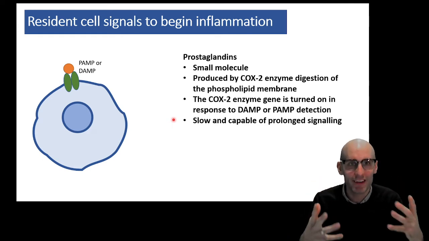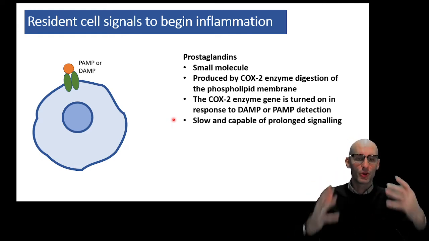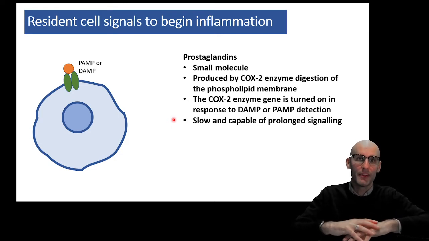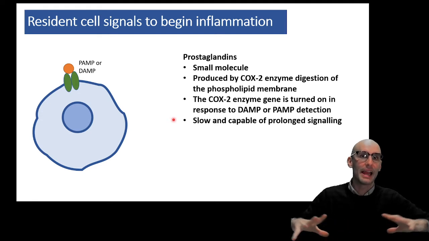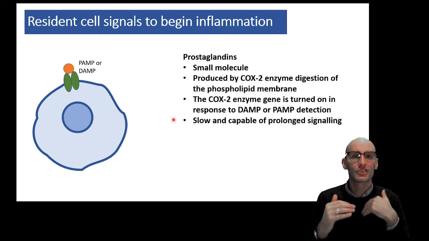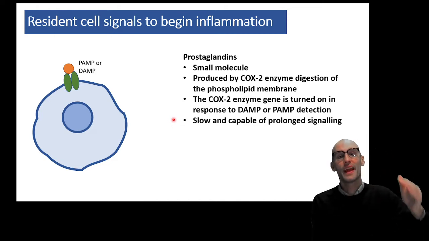There are no barriers to it, right? So it's capable of slow and prolonged signaling in a very local area where barriers are no issue. It can spread out evenly because it's soluble in those lipid membranes of the cell, which is very cool. So that's why it's created from our phospholipid membrane.